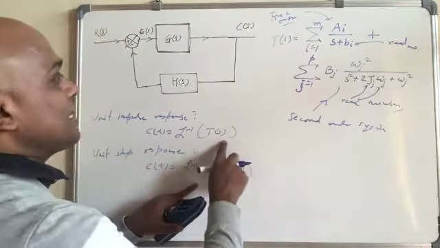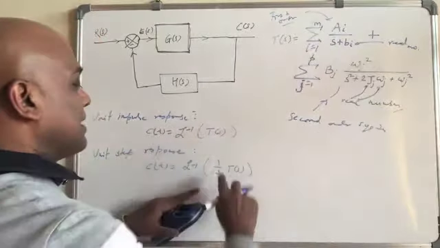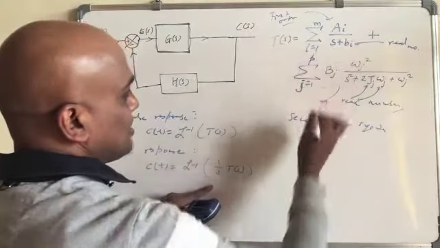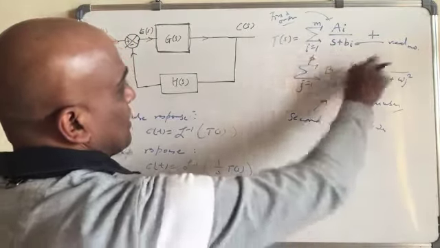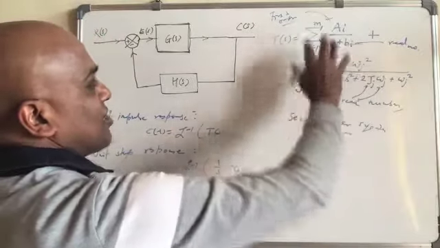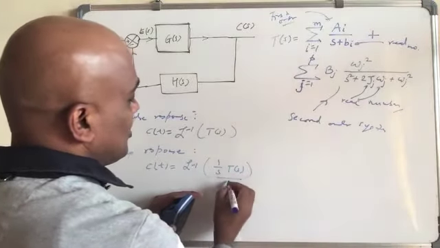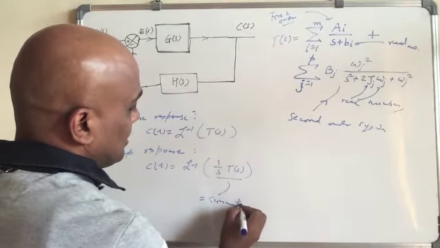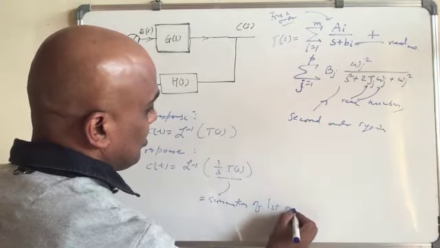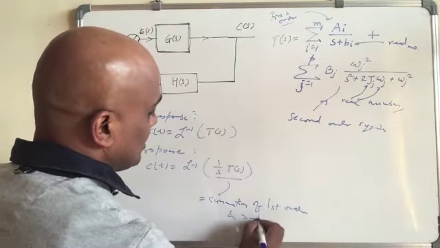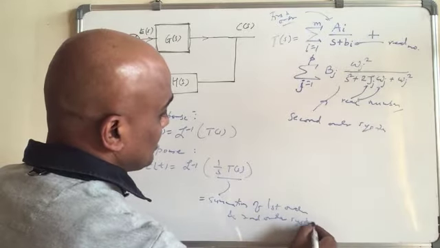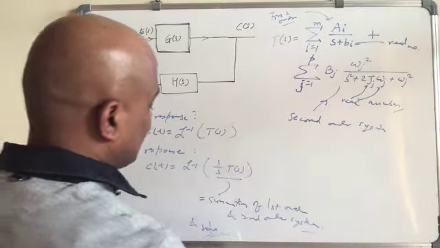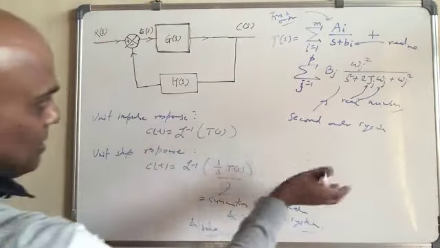Or we can use this directly. In this case, we have to again simplify. We'll get this kind of system, 1 plus s plus some summation of first order or second order systems, simplified into a summation of first order and second order systems, and solve, as we have done in the previous case, for example.